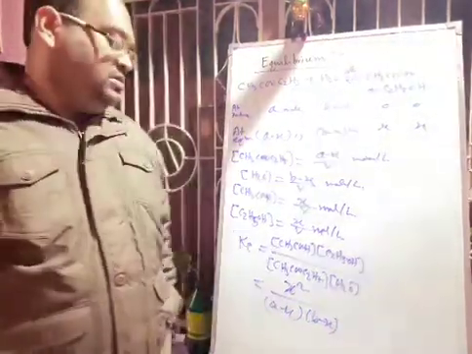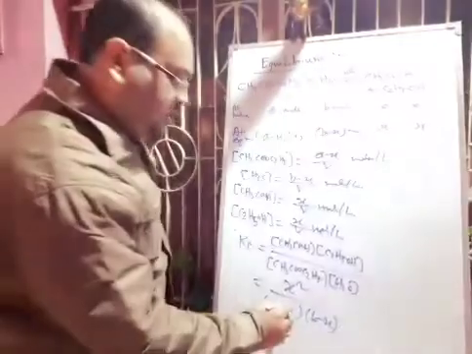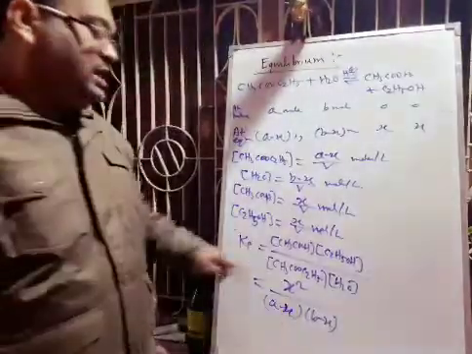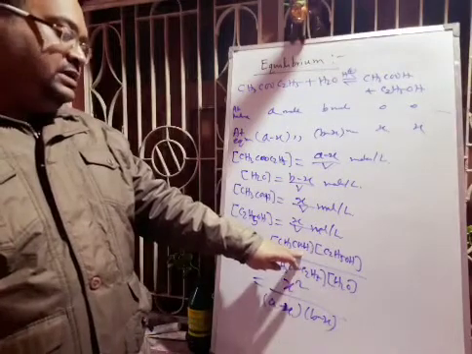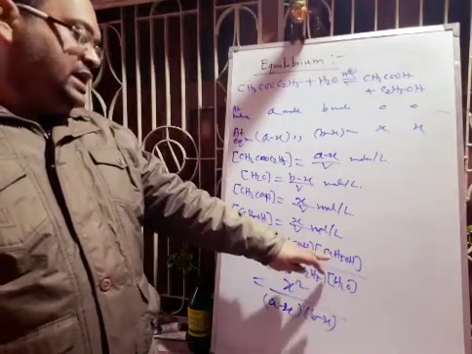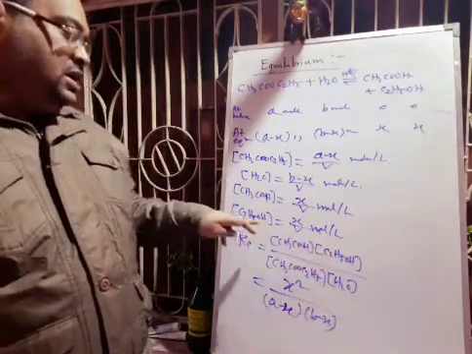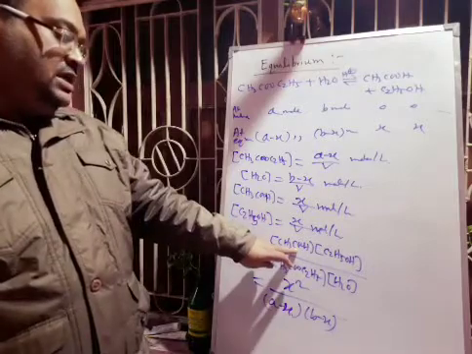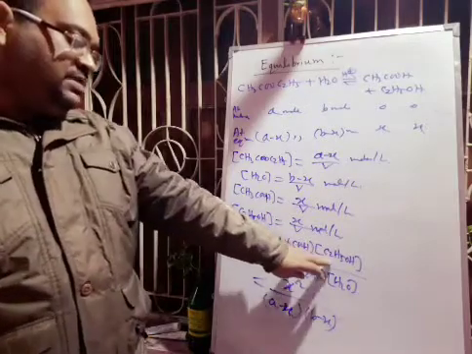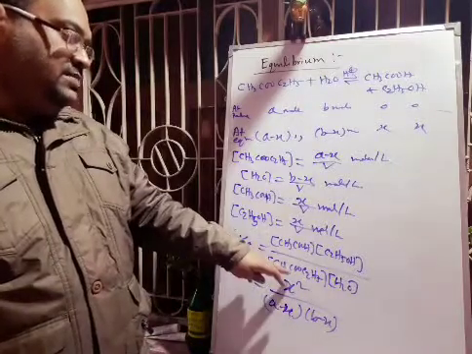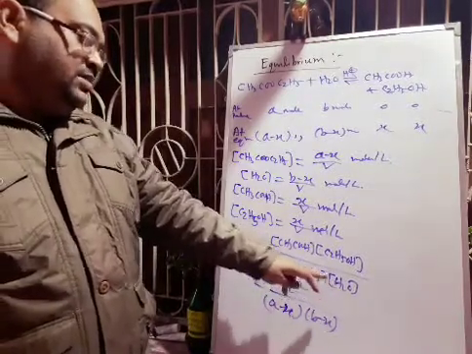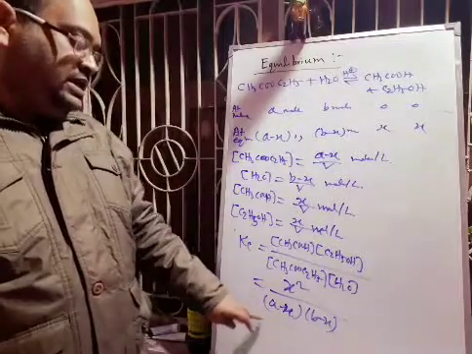This is your Kc value. Here, acetic acid is x by V, alcohol is x by V, acetate is A minus x by V, and water is B minus x by V. If you calculate, you will get this value.